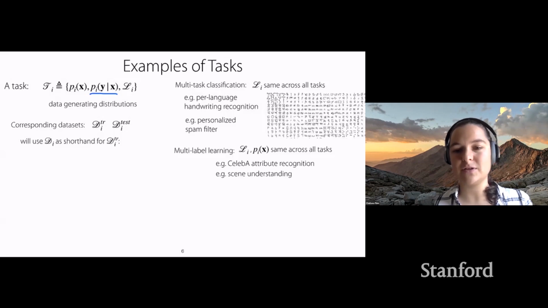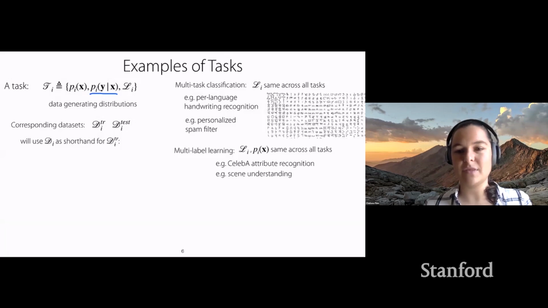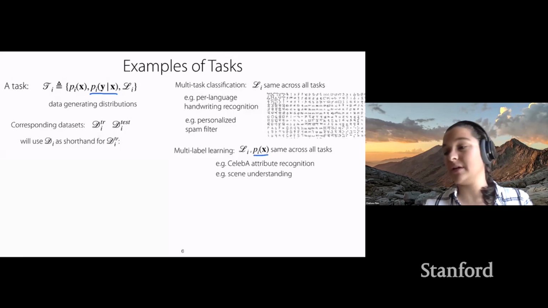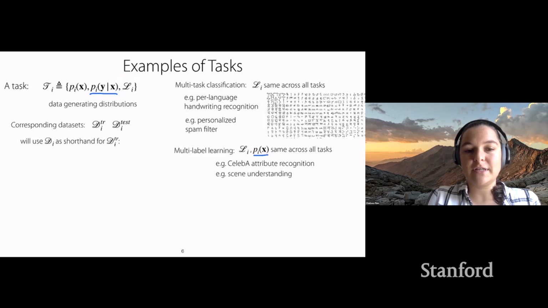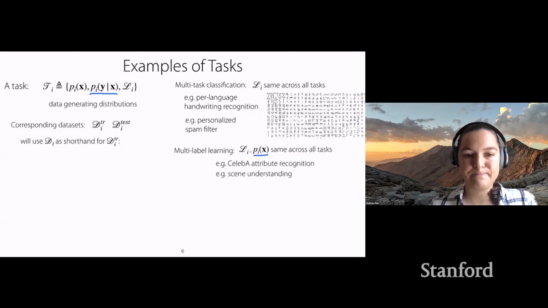Maybe one label corresponds to recognizing whether someone's wearing sunglasses or a hat, and another label is recognizing someone's eye color. Basically, both the data generating distribution over X and often the inputs X in your training data set are identical, but what's different is you have different labels.